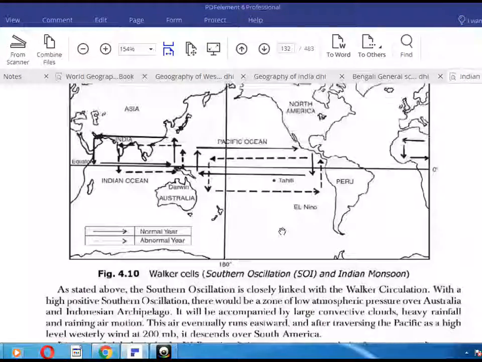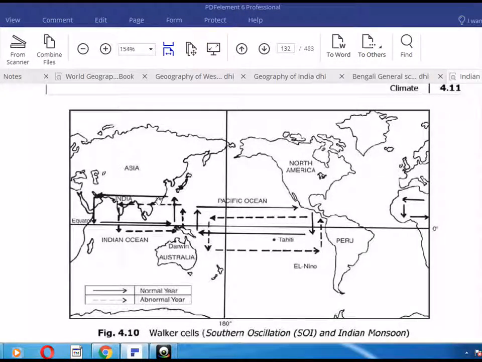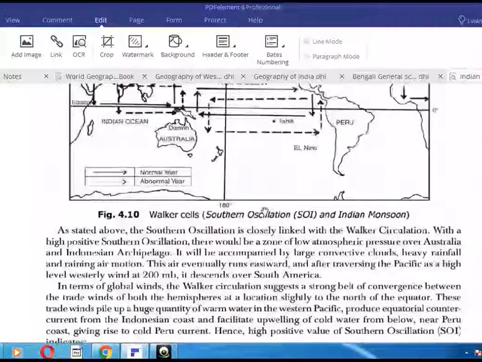In the diagram there is the Indian Ocean, and here the wind moves cyclically. The wind comes here and moves here. There are mainly two phases, the high phase and low phase.